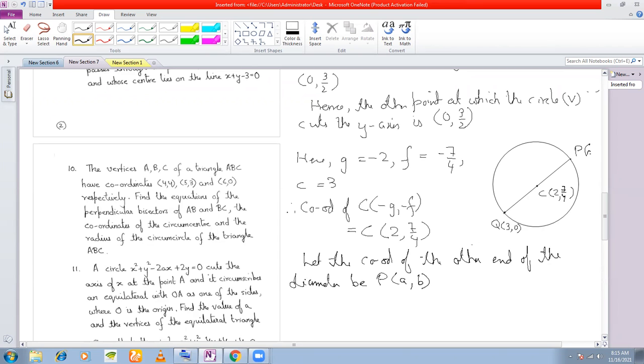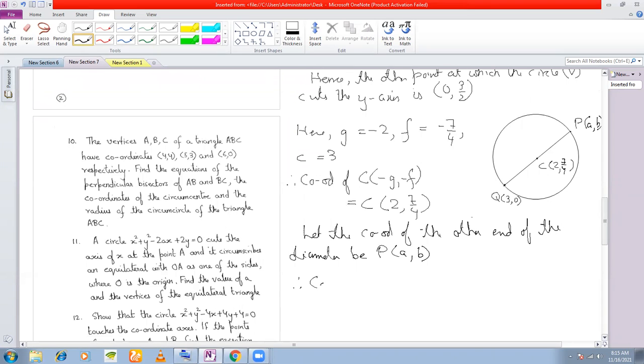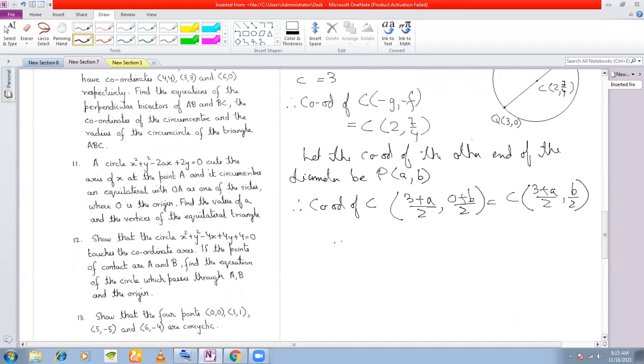Okay, so we are calling this A, B. Since C is the midpoint, the coordinates of C are (3 plus A by 2, 0 plus B by 2), which is (3 plus A by 2, B by 2), right? This is the coordinates of the center, and this must be equal to 2, 7 by 4.